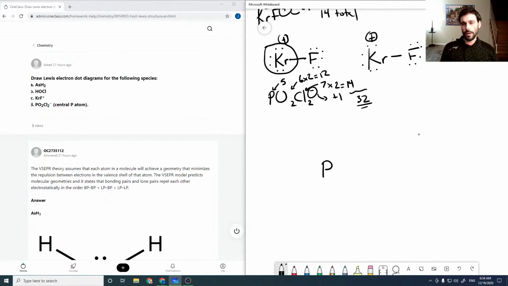So I'm going to give our phosphorus its 4 bonding partners, and put our oxygens in around it the way they normally would be, and see what needs extra electrons.